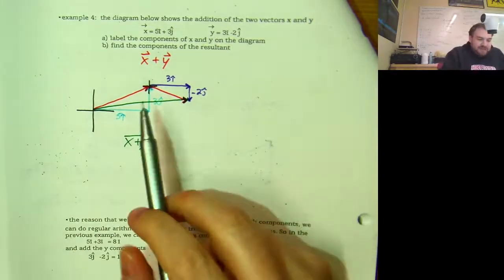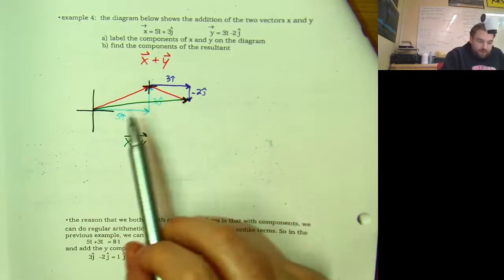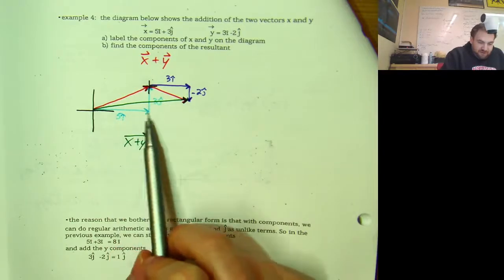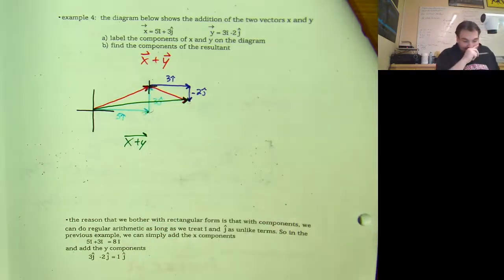And we can see what's happening here. To go from the tail of the first to the tip of the second, what I've got to do is just follow these components, right? I've got 5i hats, up 3j hats, and then over 3i hats, and then down 2j hats.